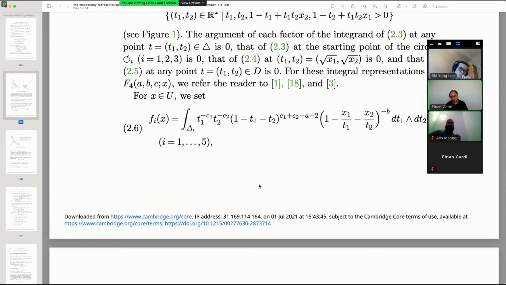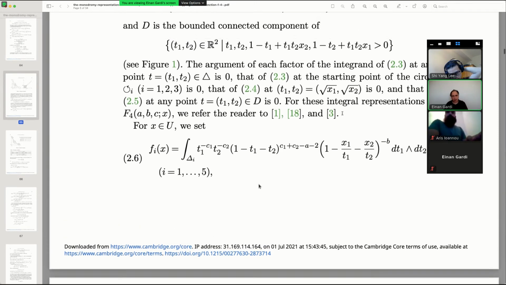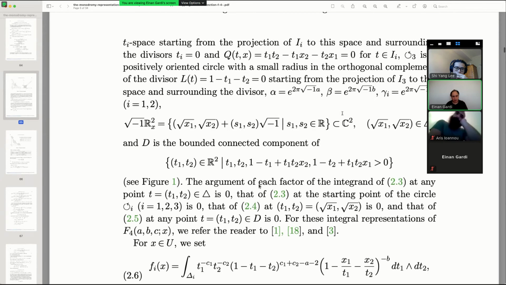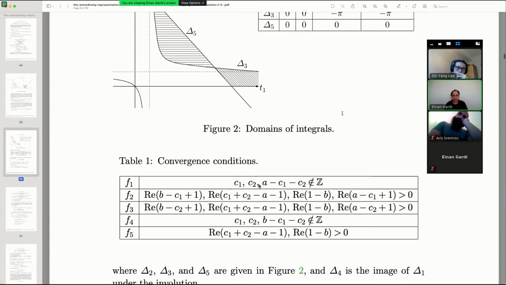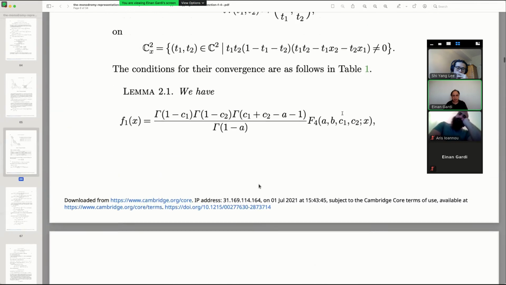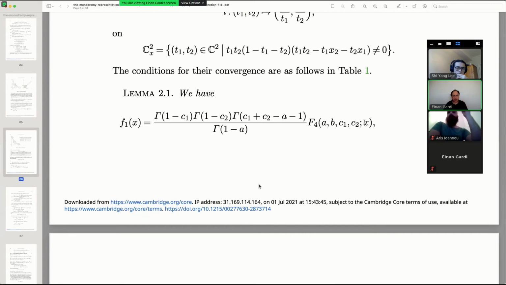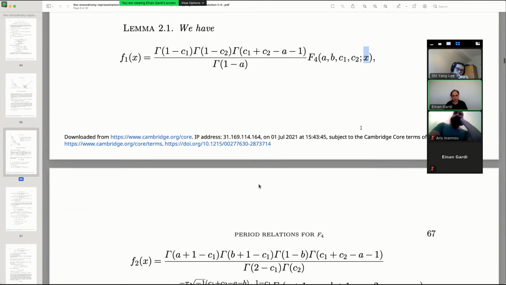I think that as soon as this factor becomes negative, then we have a branch point. Now, x1 and x2 are the kinematic variables of the Appell F4 in this definition, right?